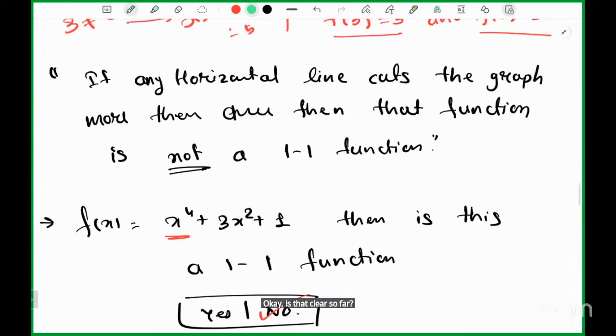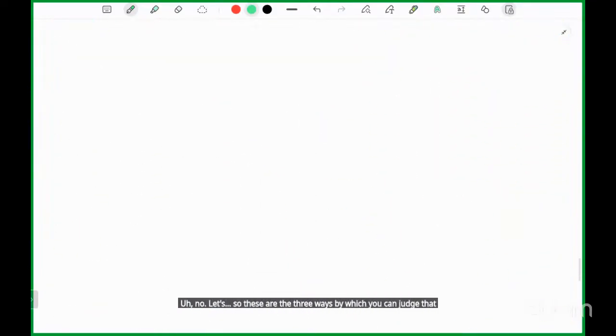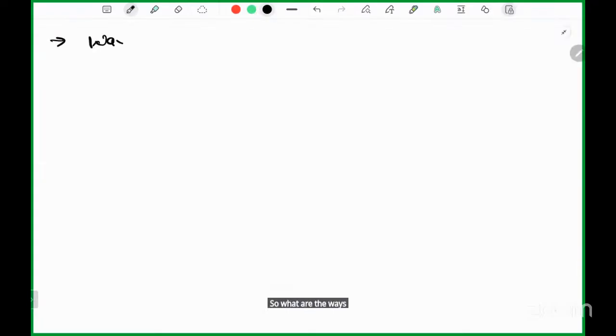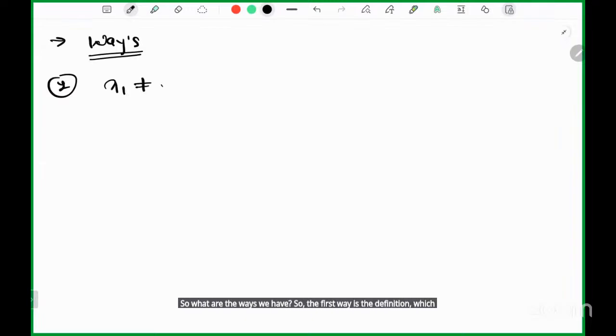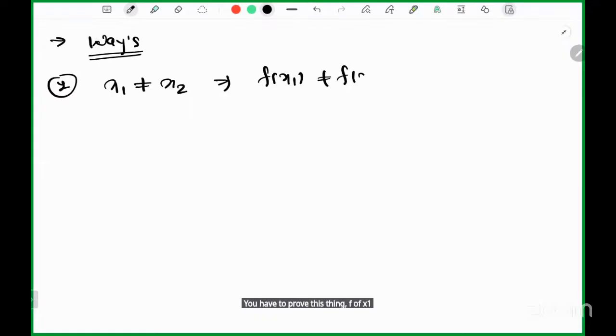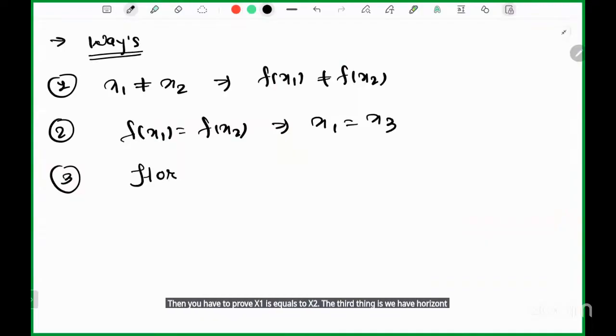Now, these are the ways by which you can judge whether a function is 1-1 or not. I'll repeat. So what are the ways we have? The first way is the definition, which says that for different inputs, you have to prove f of x1 not equal to f of x2. The second thing is if f of x1 is equal to f of x2, then you have to prove x1 is equal to x2. The third thing is the horizontal line test.